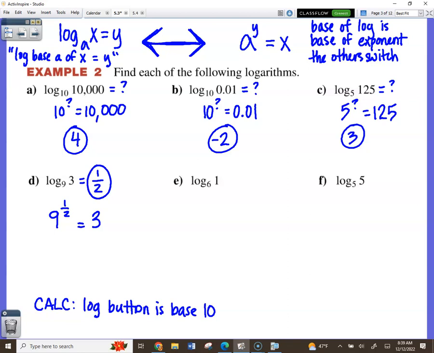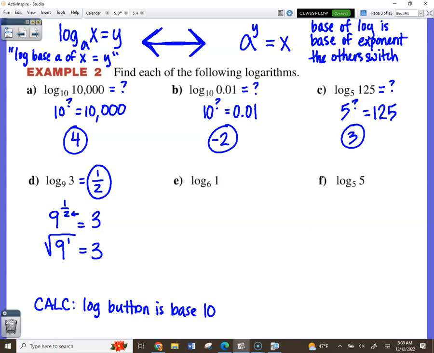When you have a base to a fraction in the exponent's place, it translates to a square root, cube root, fourth root, fifth root. It all depends on the denominator. So that is the square root of 9 to the first power, which now you can see is why it equals 3. That's why the answer was 1/2.